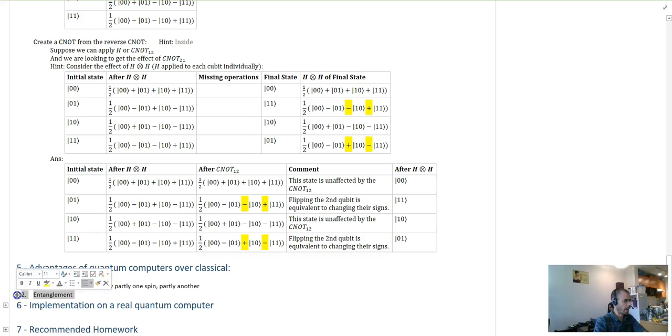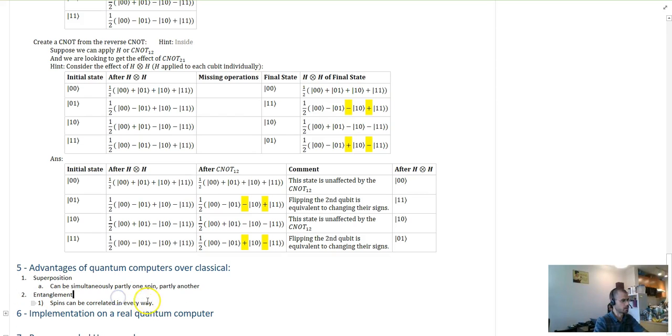And there's entanglement, which is that spins can be totally perfectly correlated. So if you measure this spin, and then later you measure some other spin, you can get that they'll always be the same, for example. That's one way to entangle them, and there are other ways, but knowing one spin gives you perfect information about the other spin.